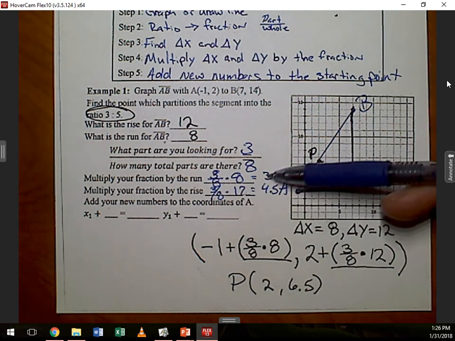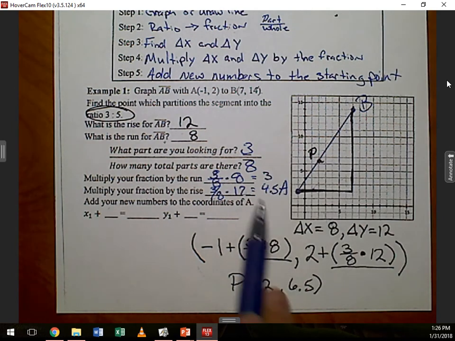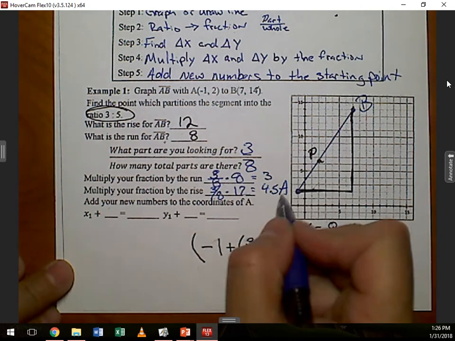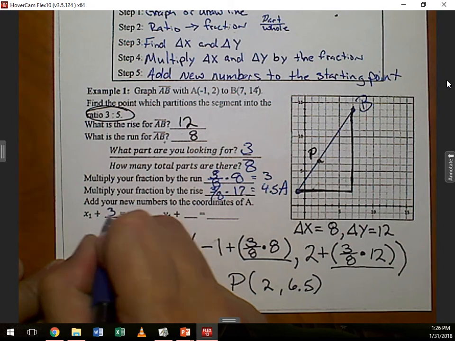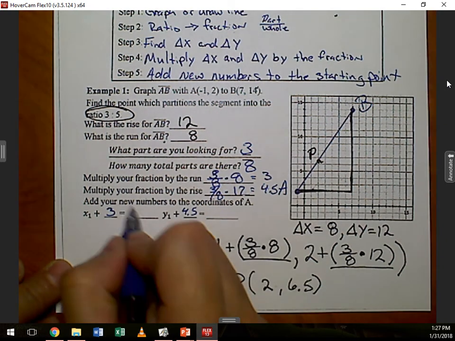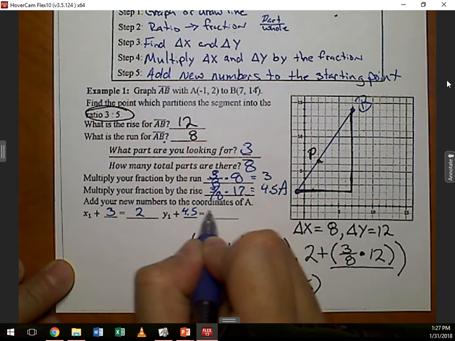Now, we don't actually have to go through and do this every time. I'm just filling in the notes for this one. So we added, there was our 3, there was our 4.5, which gave me my final answer of 2 and 6.5.